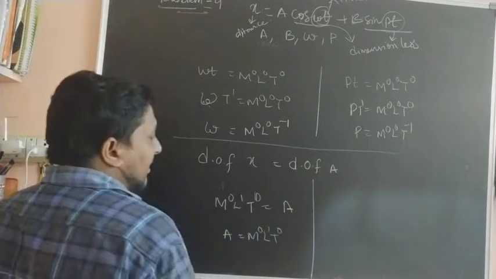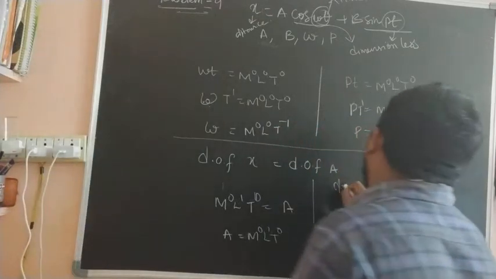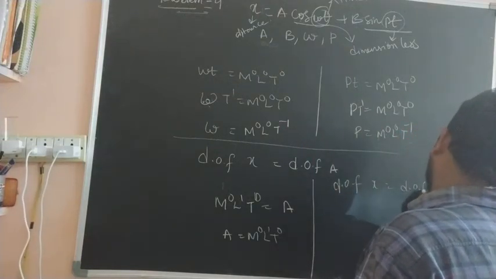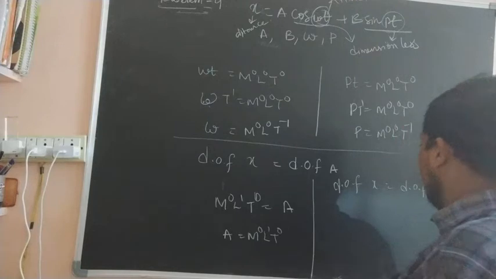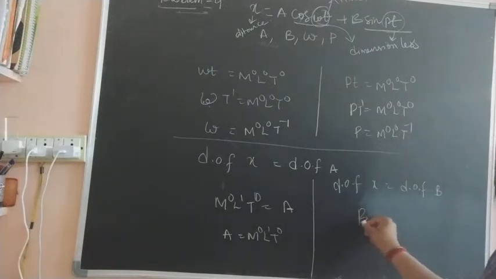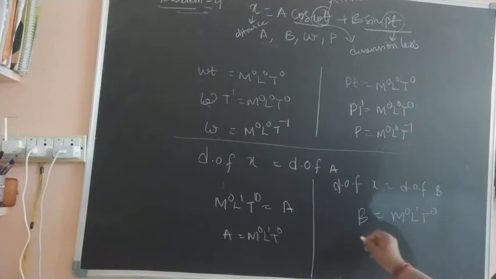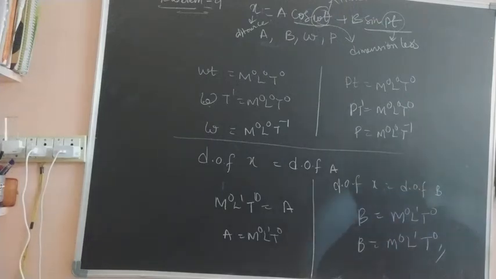In the same manner, the dimension of x is equal to the dimension of b. The dimensions of b equal M^0 L^1 T^0. B equals M^0 L^1 T^0 is the dimensional formula.